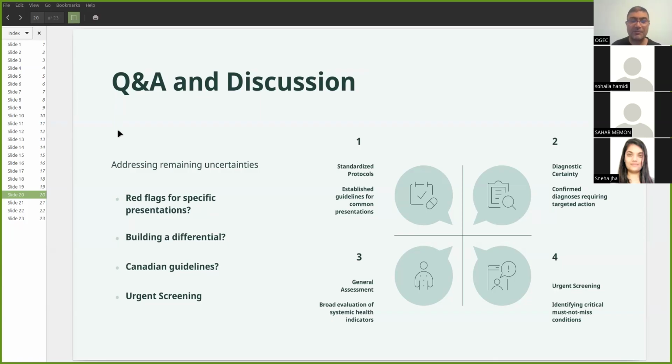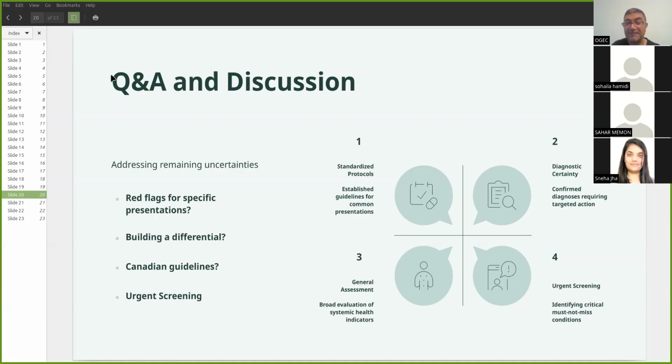One of the most important things in preparing for the exam is to be familiarized with the Canadian guidelines, because they present updated recommendations for every condition.